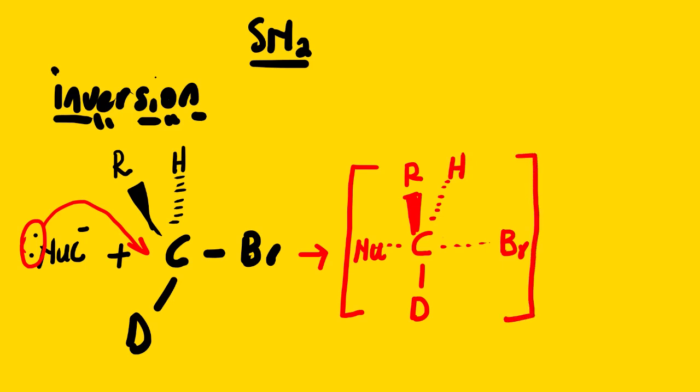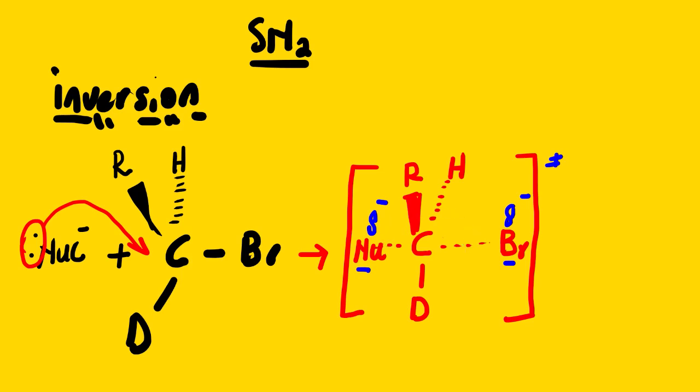And you should also know that we have two different types of inversion configuration. The first one is this type. We're just going to explain it in detail. It is partially negative, it is also partially negative. Somehow the nucleophile and the leaving group form 180 degrees.